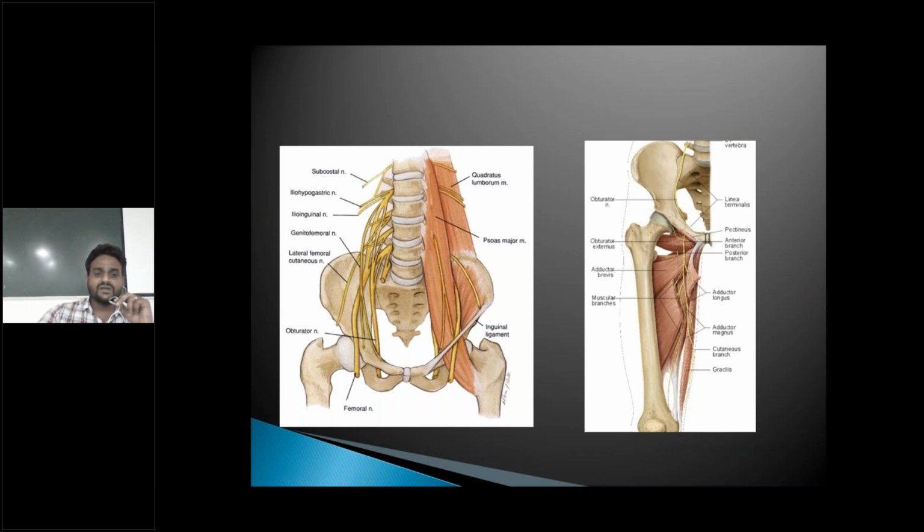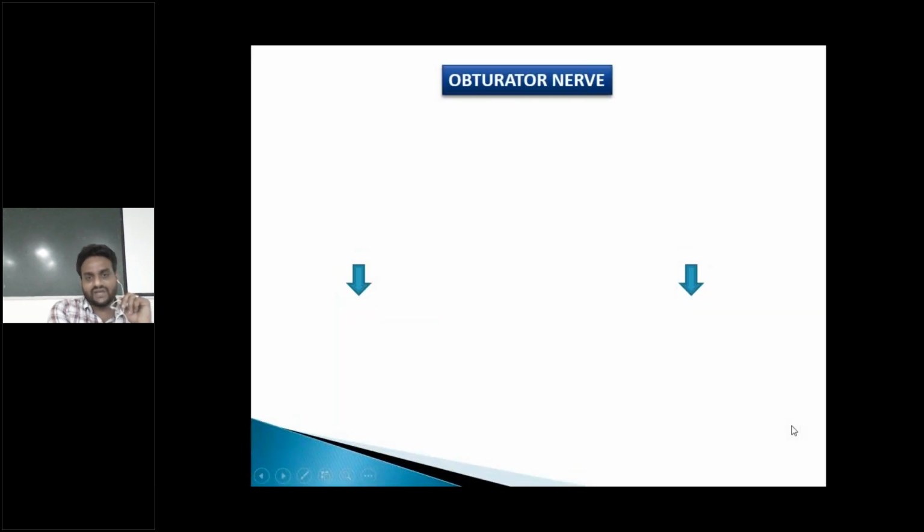The obturator canal is a small tunnel which communicates the pelvic cavity with the medial compartment of the thigh, through which the obturator nerve and obturator vessels, the neurovascular bundle, are passing. So this is the course of the obturator nerve.